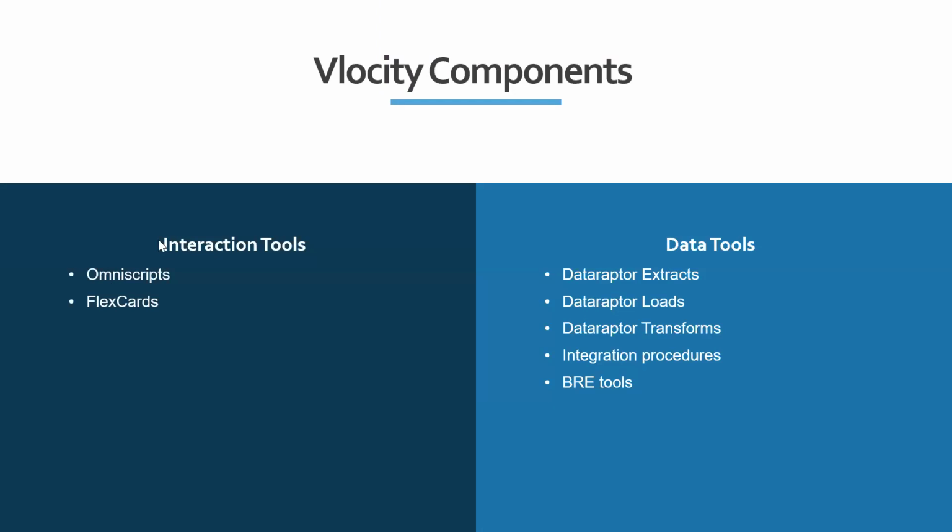That means instead of Lightning component or LWC, or VF, you can use an OmniScript or FlexCard, which is a drag and drop component, right? And in the data tools, instead of using Apex classes and all of that, you can use data tools, which are again drag and drop, right?